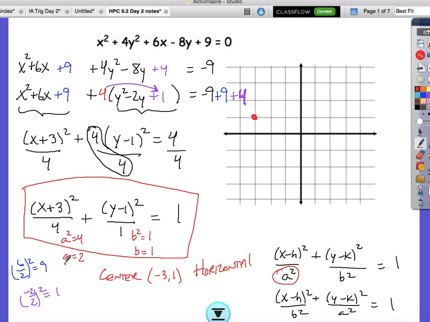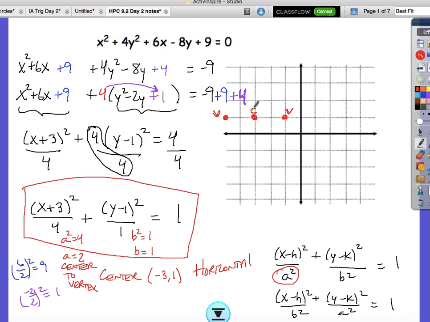And a goes from center to vertex. So I'm going to go horizontally from my center over 2 to get one vertex. And I'm going to go over to the other direction to get the other vertex.